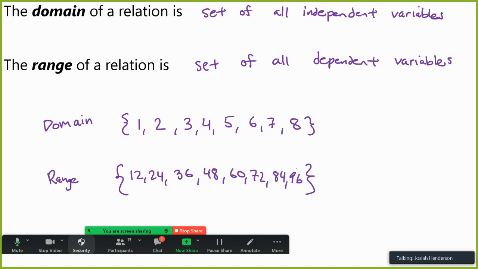But sometimes you're going to be asked to list off the domain or list off the range. And all we mean by that is it's a list of all the independent variables and a list of all the dependent variables. The actual numbers that we have for those. So domain, think independent variables. Range, think dependent variables.